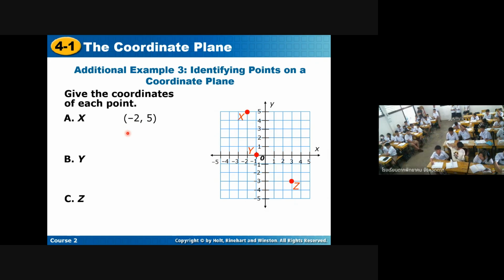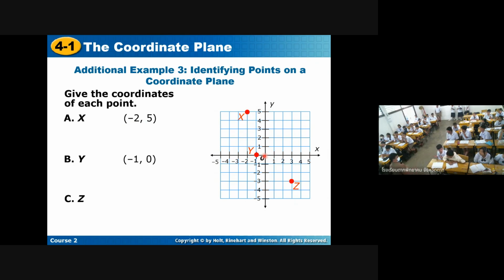Negative 1 comma... Okay, it's negative 1 comma 0. Again, negative 1 of x, 0 of y. It's zero, right? So the answer is negative 1 comma 0.